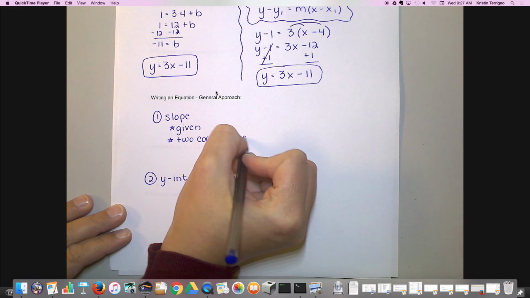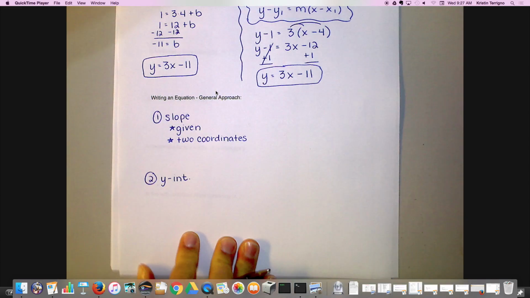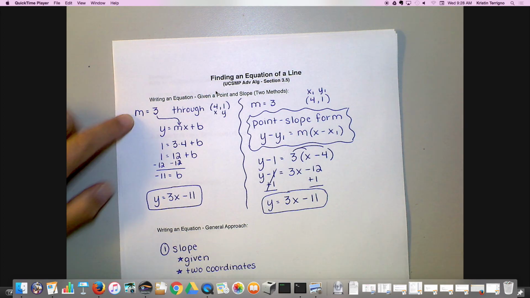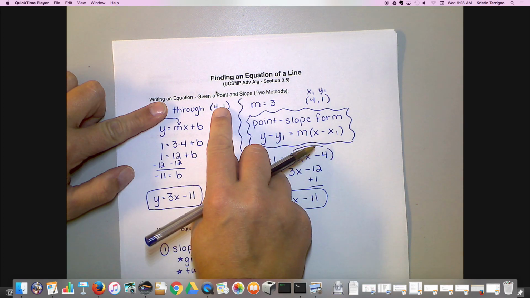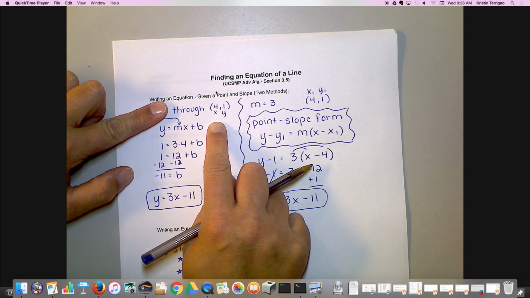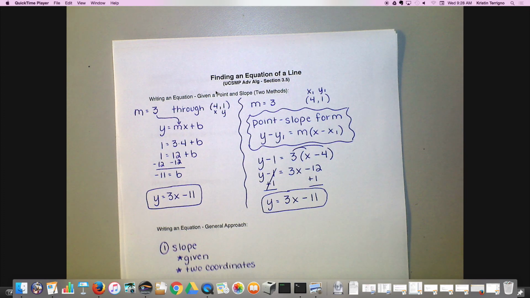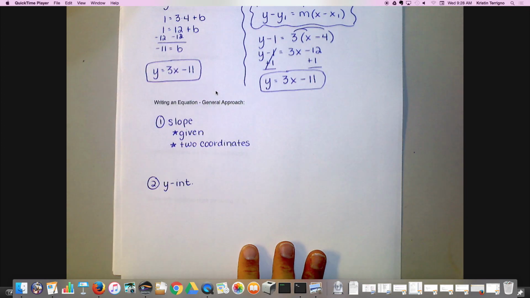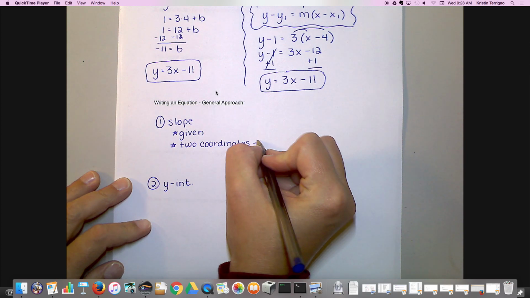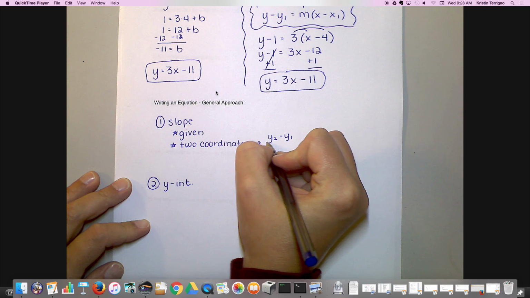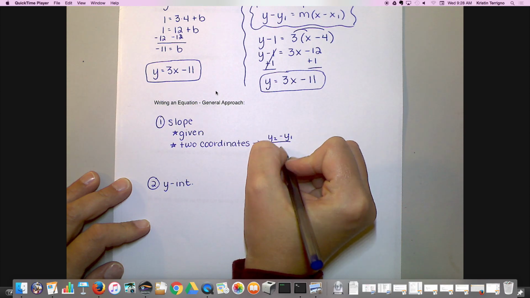So instead of me saying the slope was equal to 3, what if I said it goes through this point and then gave you a second point? Say it again, Francis? How so? Okay, rate of change formula, right? The y2 minus y1. So yeah, it's not difficult to come up with, but if I give you 2 coordinates, we would do y2 minus y1 over x2 minus x1.